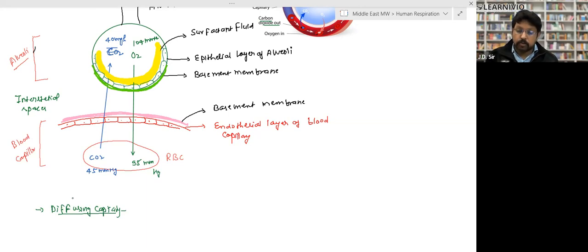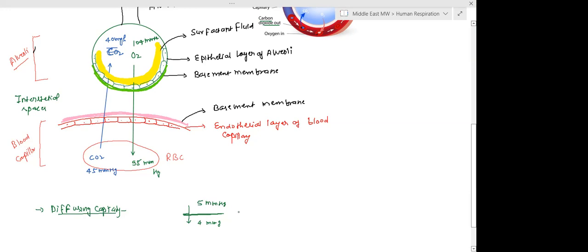It means, suppose there is a membrane and the pressure difference is 1 mmHg. Here the pressure is 5 mmHg and here it is 4 mmHg. Then diffusion will take place from 5 to 4. In 1 minute, how much gas diffuses from 5 to 4? That is called diffusing capacity. Is it clear? Yes, sir. Great.